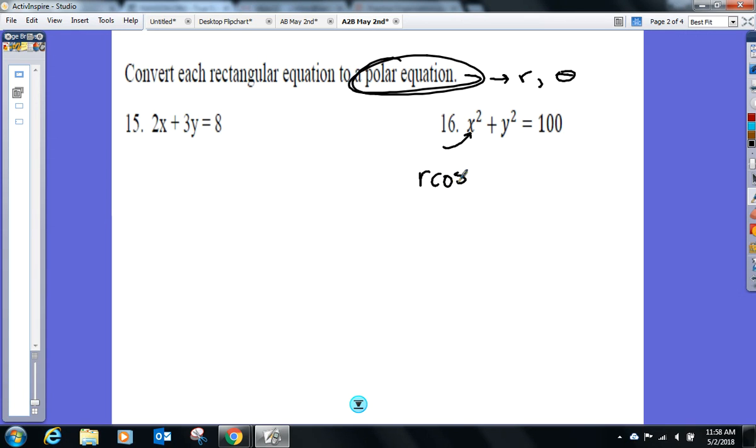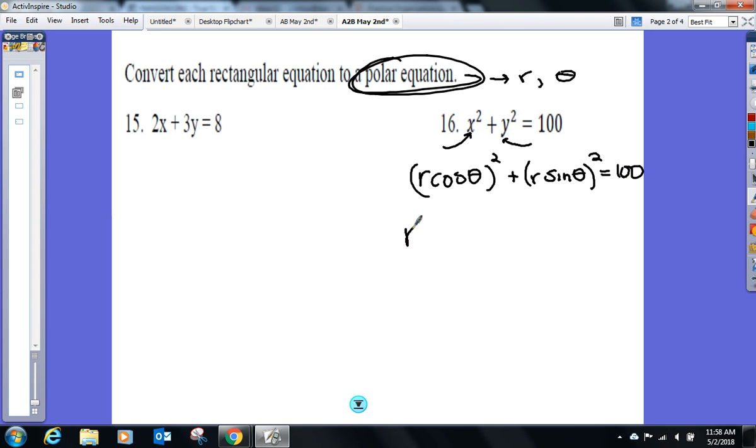R cosine theta all squared. What about your substitution for Y? R sine theta all squared equals 100. What do I square inside here? What gets squared?